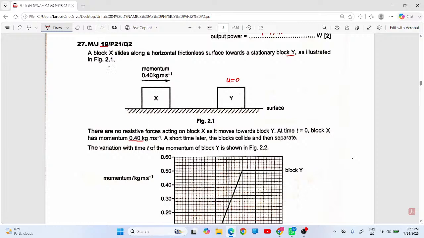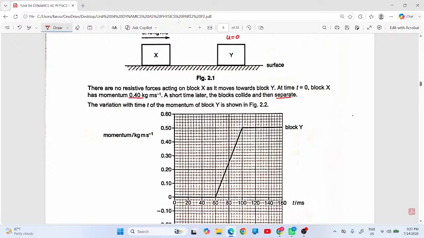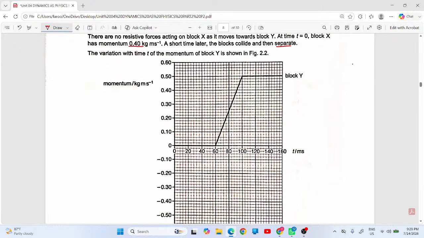For a short time later, the block glides and separates. The variation with time of the momentum of block Y is shown in the figure. This is the change in the momentum of block Y.